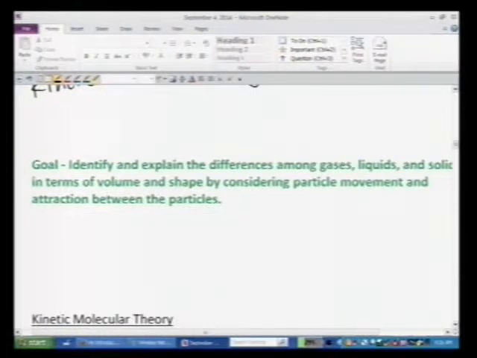But we are going to describe them in terms of volume and shape, and we're going to consider particle movement and the interactions between the particles. So at the end of the day, you should be able to read the notes and describe solids, liquids, and gases in terms of interactions between particles, and the volume and shape of the particles.